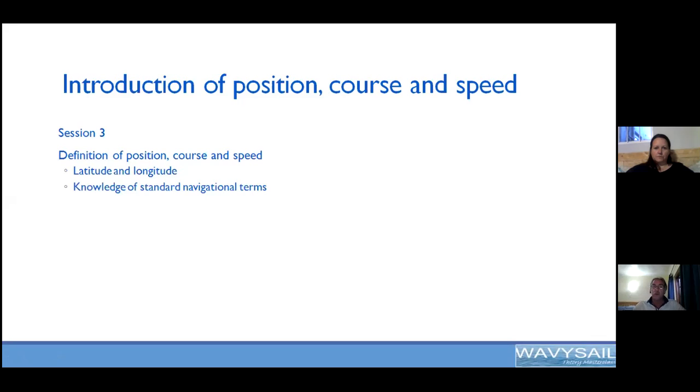We'll talk about the knowledge of standard navigational terms, wherein we're talking specifically navigation, not boat terms this time. We'll talk about true bearings and true courses. We won't be going into magnetic at this stage. And then we'll talk about the knot, a bit of history, and then what we use of it today.